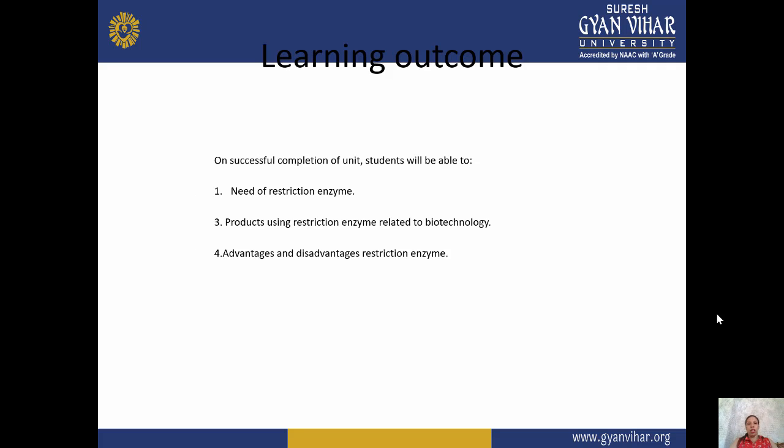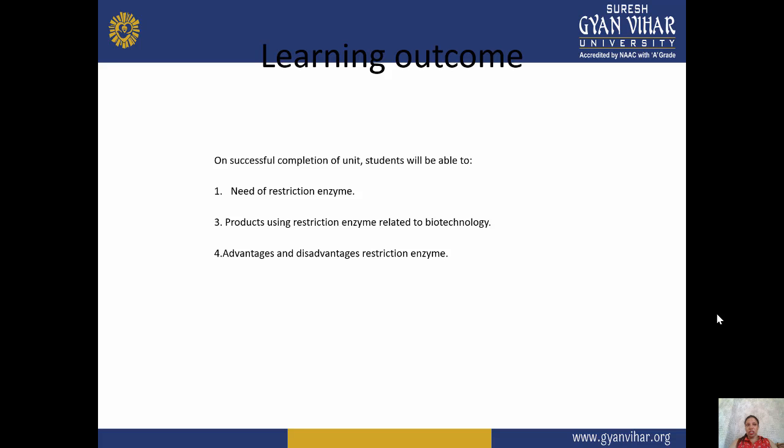If we talk about the learning outcome, on successful completion of this unit, students will be able to learn about the need of restriction enzyme, what is the need behind using this restriction enzyme, and products related to biotechnology made using restriction enzyme. Then next are the advantages and disadvantages of restriction enzyme.